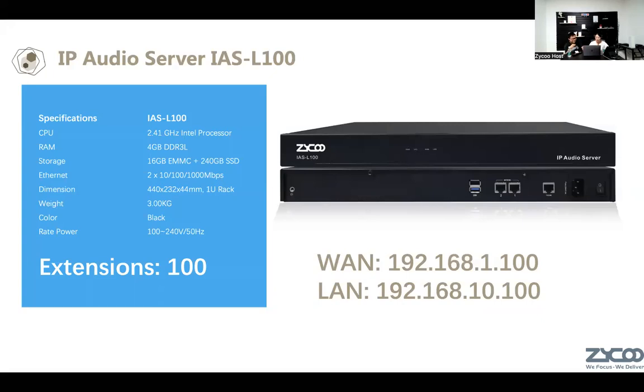192.168.10.100. My recommendation, if you are using the ISL100, is that after you power up the device, use a LAN cable to directly connect the ISL100 with your laptop, depending on the port you use, whether it is a WAN port or a LAN port. Once you get into the system, we will change the system's IP address to the designated IP address.